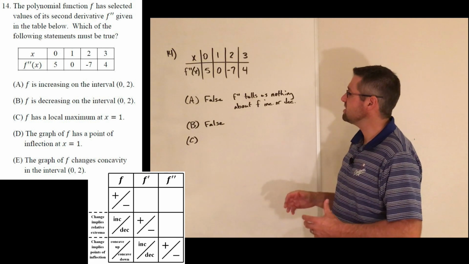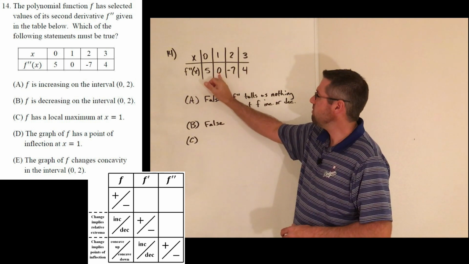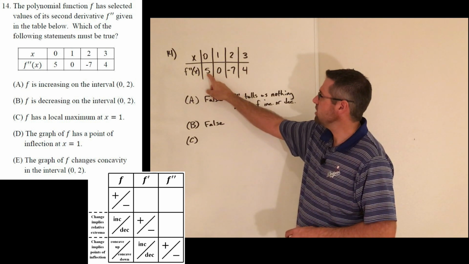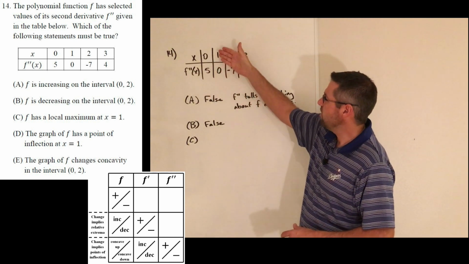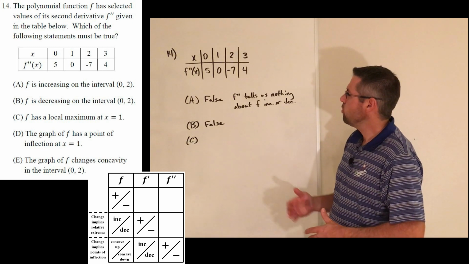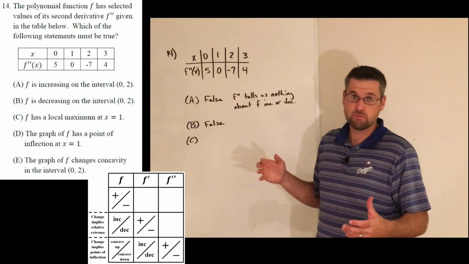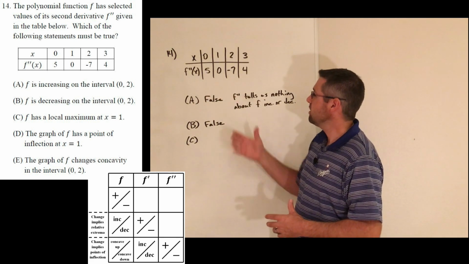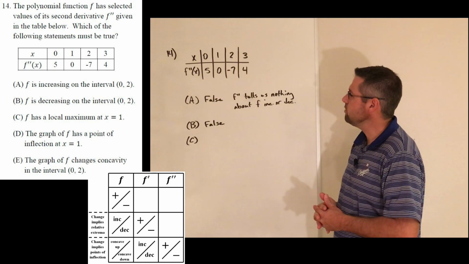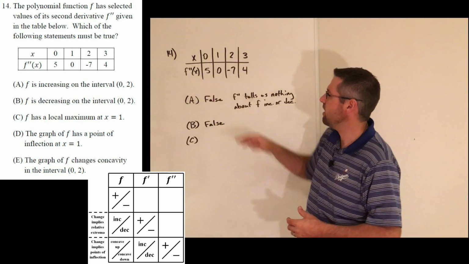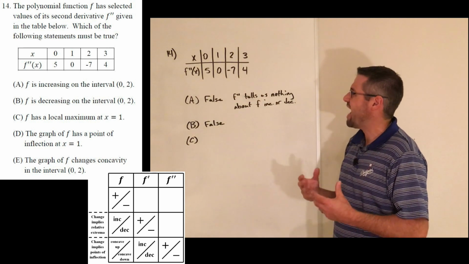It doesn't tell me what's actually happening between 0 and 1 and between 1 and 2. f double prime of 0.5 could be negative 2, which implies we went from positive to negative over that interval. So we don't know what's happening in between, and we can't conclude anything at x equals 1. It appears there might be, but we don't know if it actually is taking place.